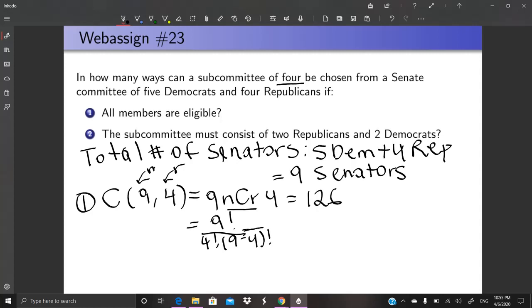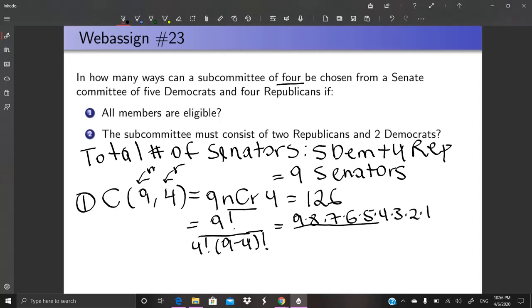Oops. Let me delete some of that. It's not very clear. Try that again. All right, so 9 factorial over 4 factorial times 9 minus 4 factorial. That's equal to 9 factorial, so 9 times 8 times 7, 6, 5, 4, 3, 2, 1.